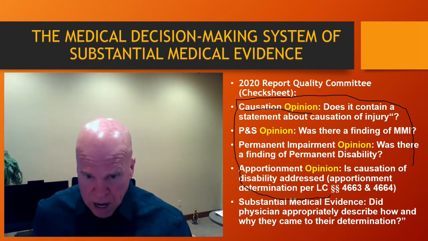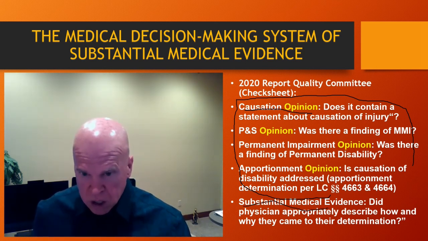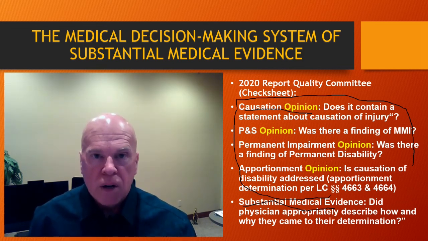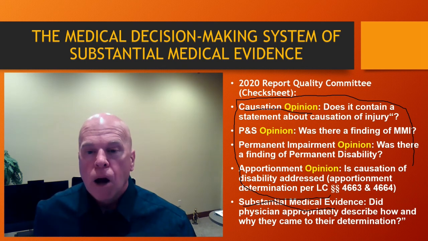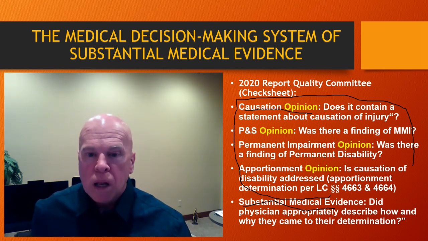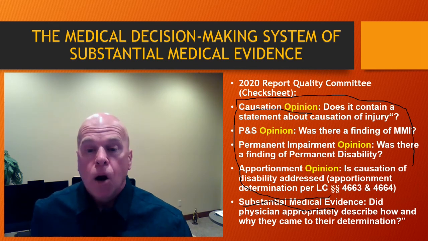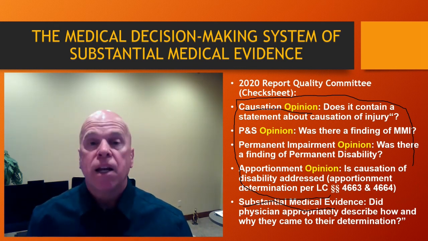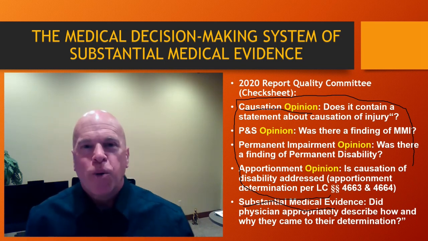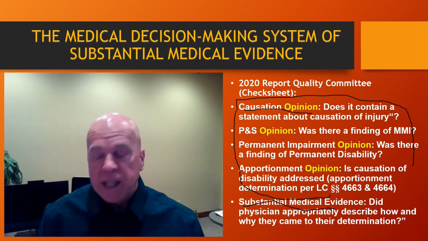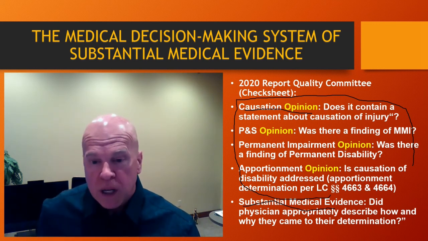And this is where the check sheet demands that we as qualified medical evaluators qualify our causation opinion, that we qualify our permanent and stationary opinion, that we qualify our apportionment opinion, and that we qualify every opinion and every conclusion that we offer in our report as substantial medical evidence. And they give us some hint as to how to do it here.